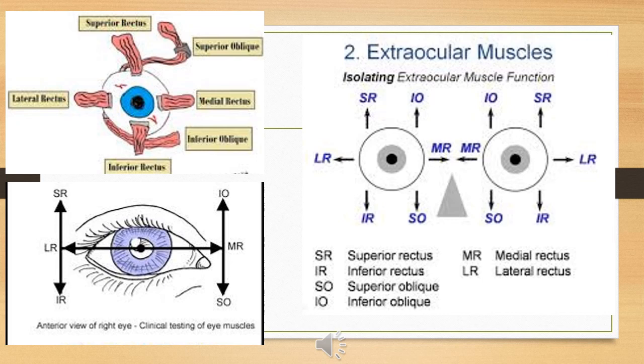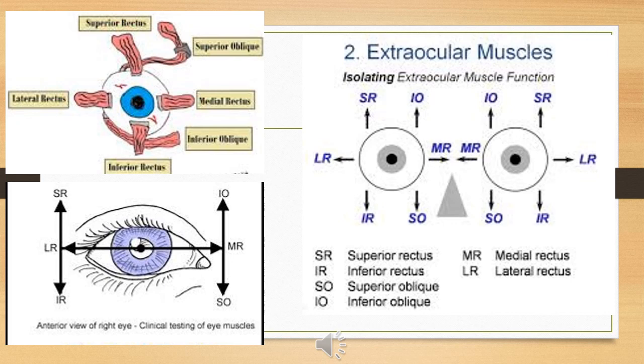And when you move your finger upward while the left eye is abducted, you are examining the inferior oblique muscle. And while the same eye is abducted and you move your finger downward, you are examining the superior rectus muscle. And the same applies to the other eye.